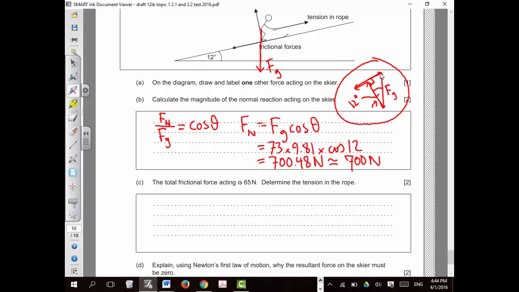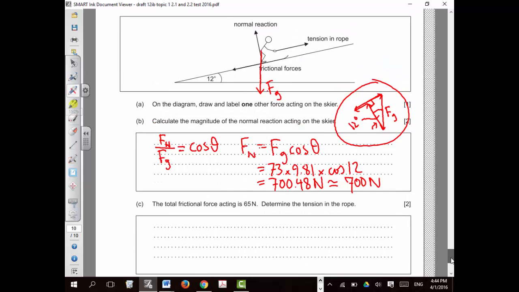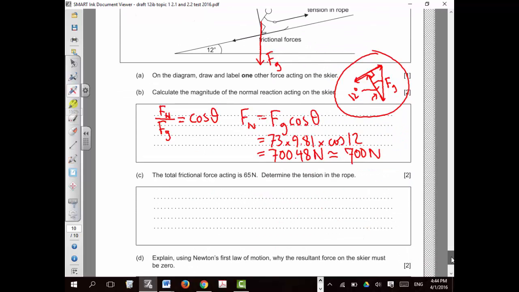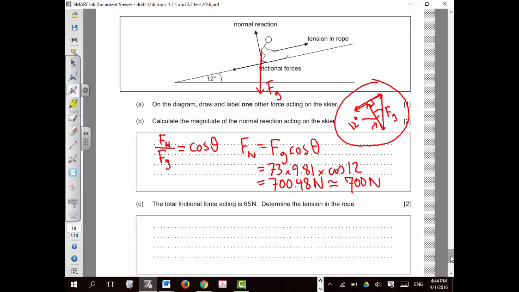Because it has to first cancel out the friction force, and then it has to also cancel out the downslope component of the normal force. So this is kind of a tricky question, probably worth more than 2 marks, I would say. Anyway, I'll leave that down the bottom there so that I can see both the diagram and the question.